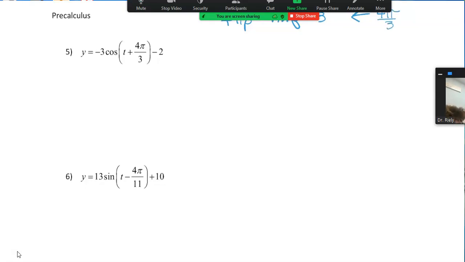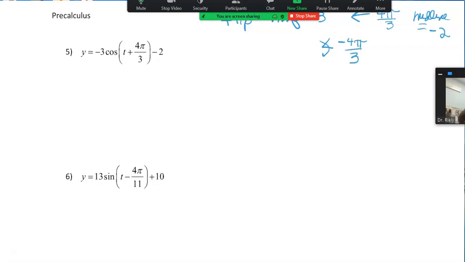And my midline equals a negative 2. Okay, let's get our angles. If we're going to the left, 4π/3 from 0, that means my first angle is going to be negative 4π/3.